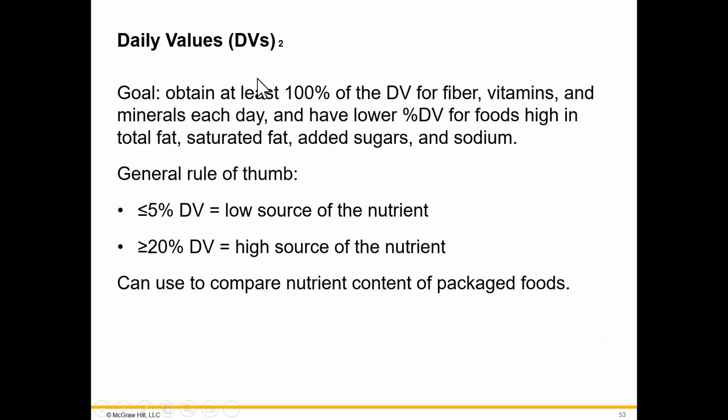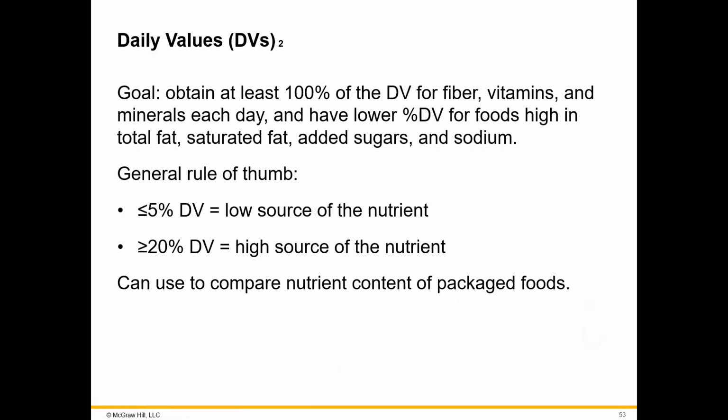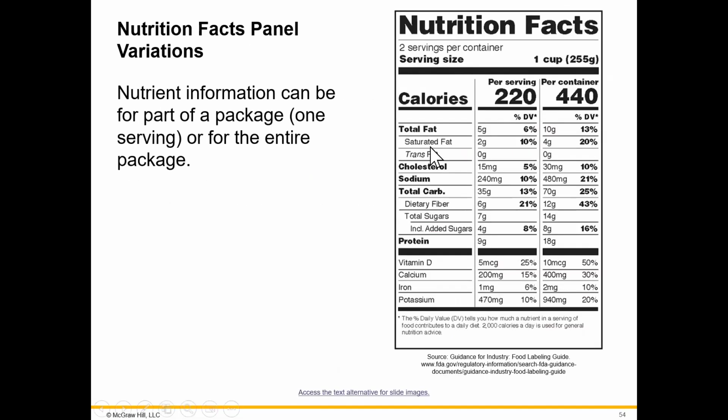But it is a good thing. The percent daily values was trying to strive as a rule of thumb to get 100% of the RDAs for that particular person, or as close as you can to their daily nutritional needs.